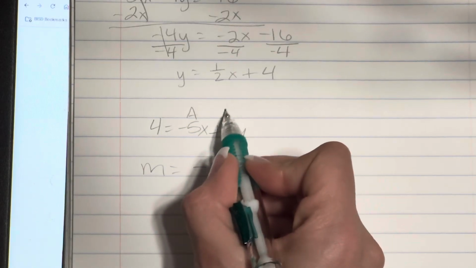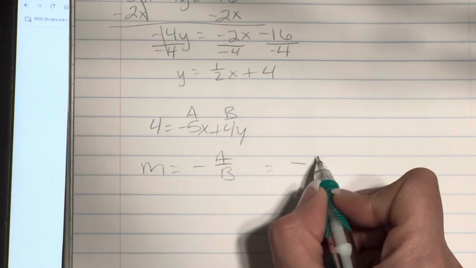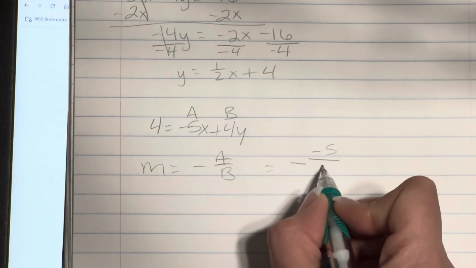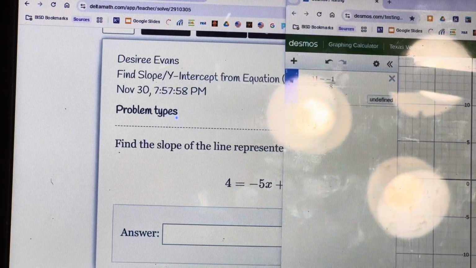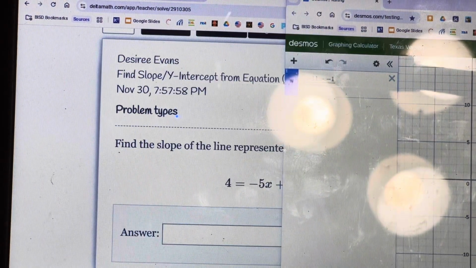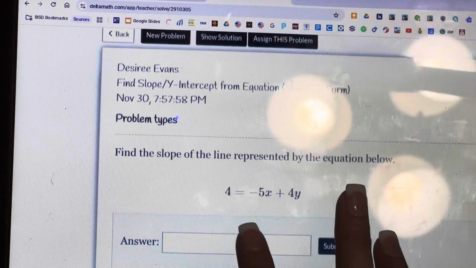This is our a and our b. So we've got negative 5 over 4. I'm going to type it just like that into Desmos. So in Desmos, I'm going to say negative 5 over 4. Make it stay a fraction. It's going to be a positive 5/4.